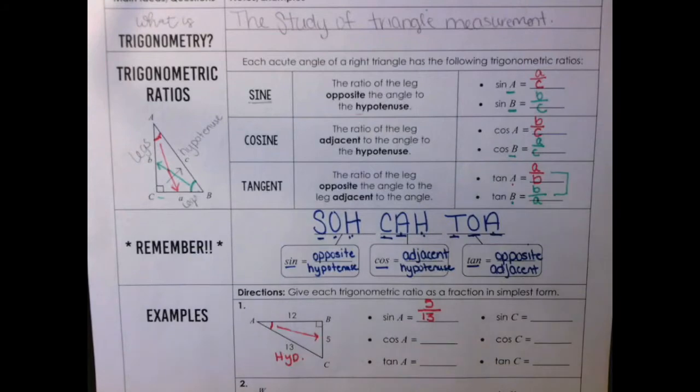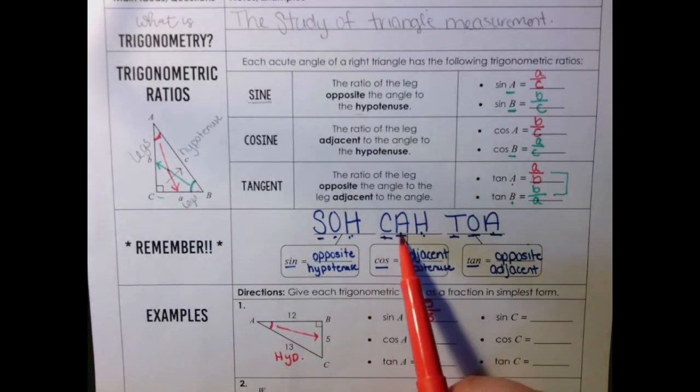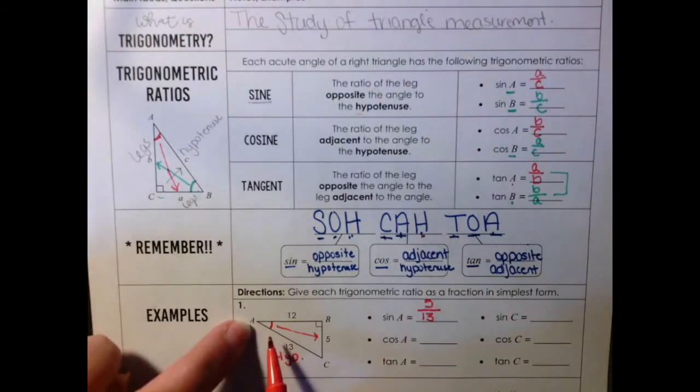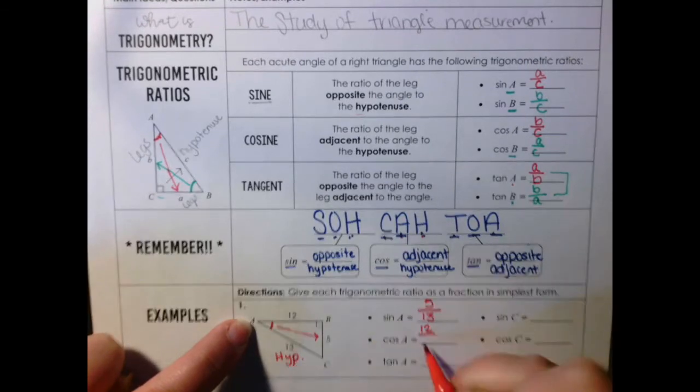Now we're going to look at cosine of angle A. So looking at the same angle here, cosine is adjacent over hypotenuse. So looking at this angle, my adjacent leg is going to be this one here, 12, because it's making up that angle, over my hypotenuse, which is going to be 13.